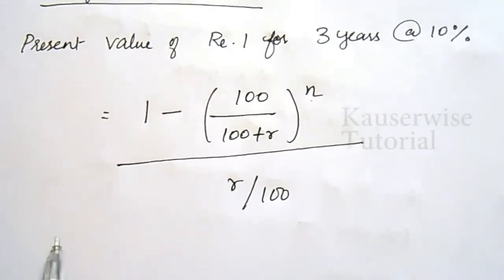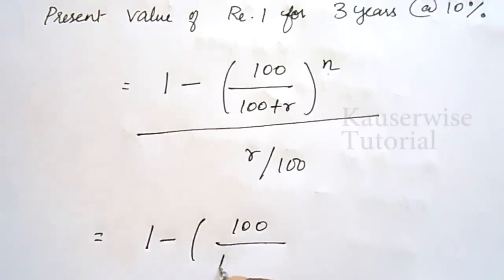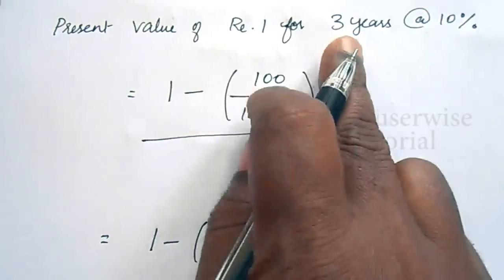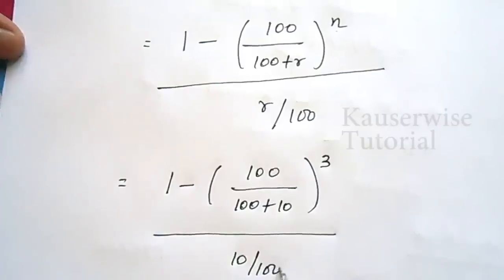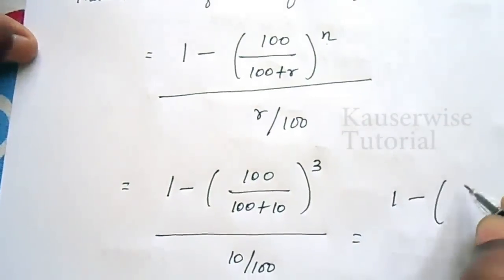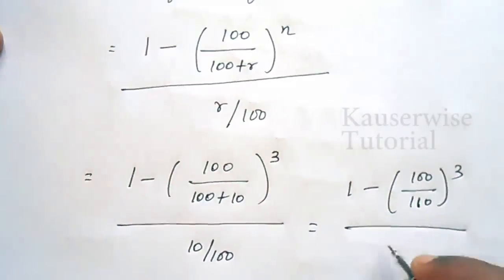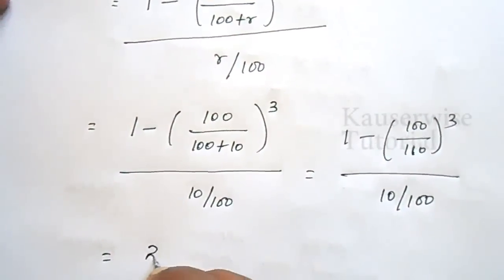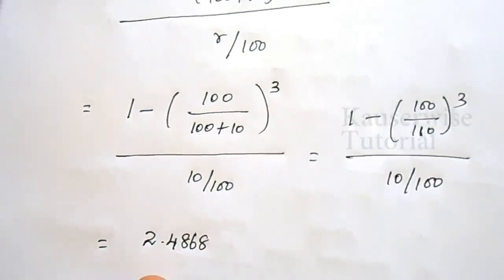So 1 minus 100 divided by 110 power 3, divided by 10 by 100. Answer is 2.4868. In this way, you can find the annuity factor.